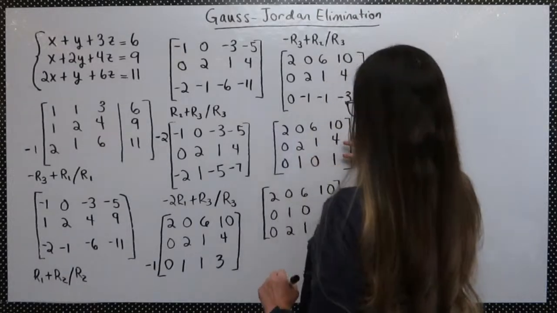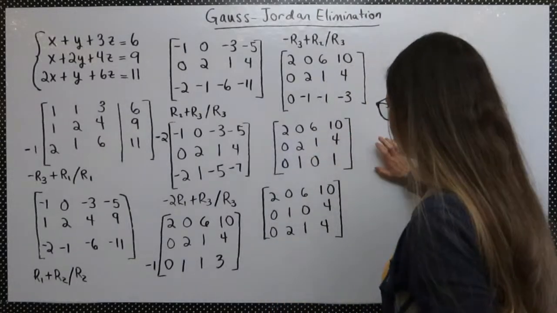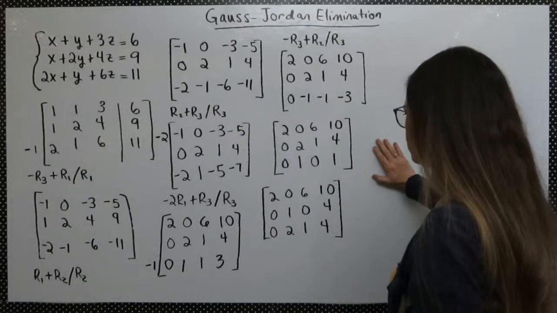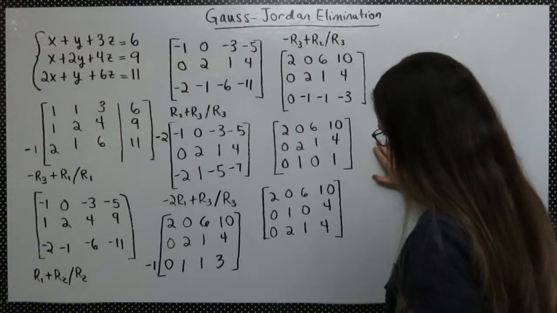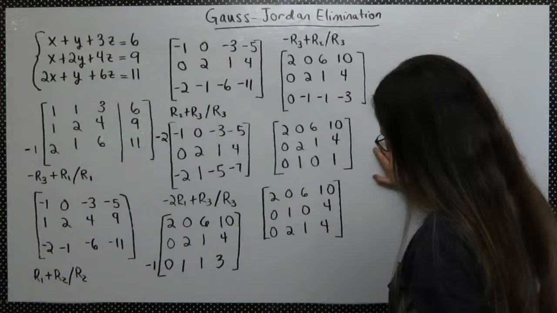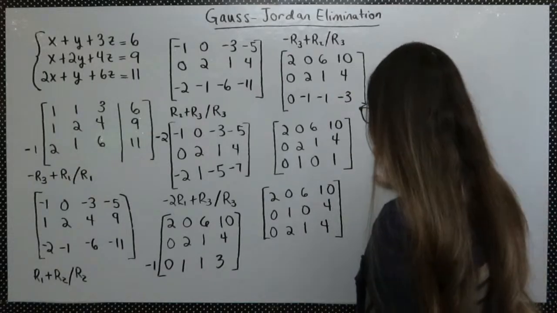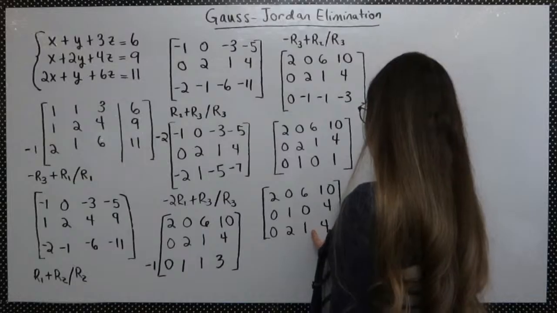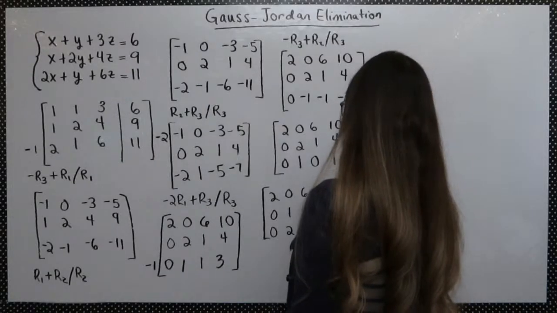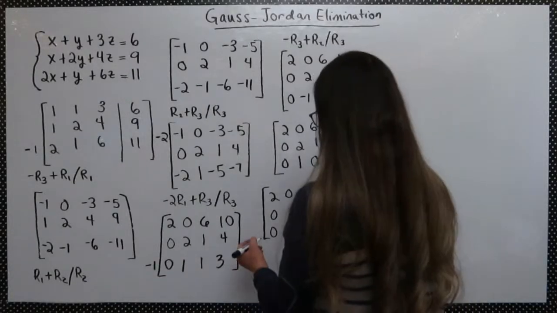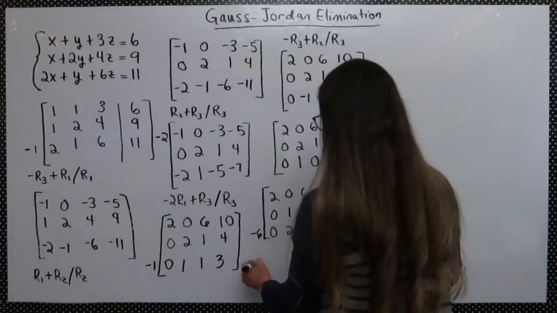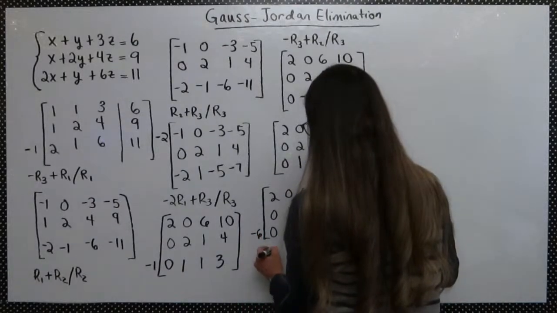I just swapped out the rows. So maybe I should go ahead and multiply row 3 by a -6 and add it to row 1. So -6 row 3 plus row 1.